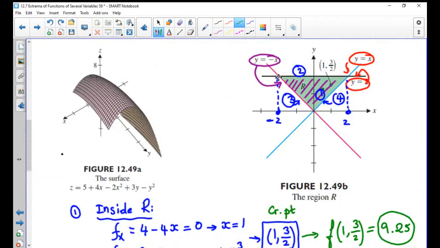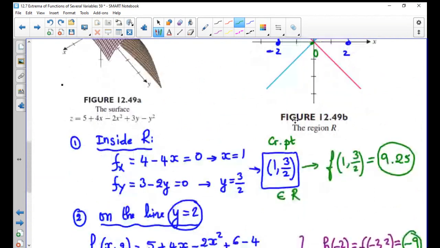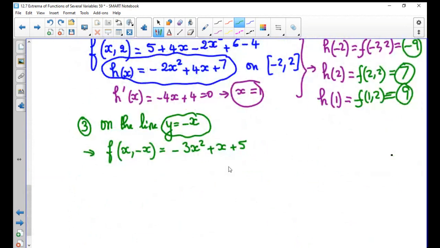But now look at the line y equal minus x, this line. x will go from where to where on this line? From minus 2 to 0. Yes, exactly. Thank you. So I'm going to study this function on minus 2, 0. You can call it g perhaps.